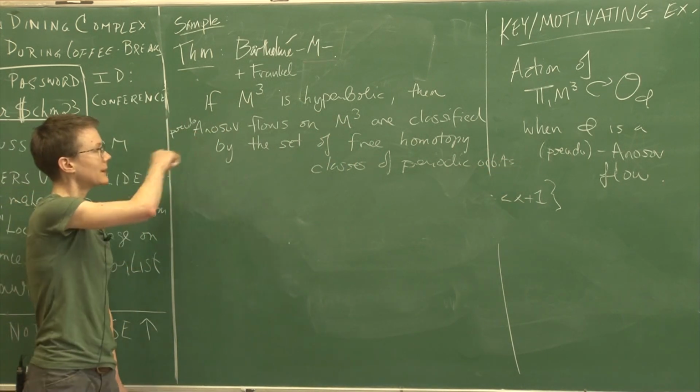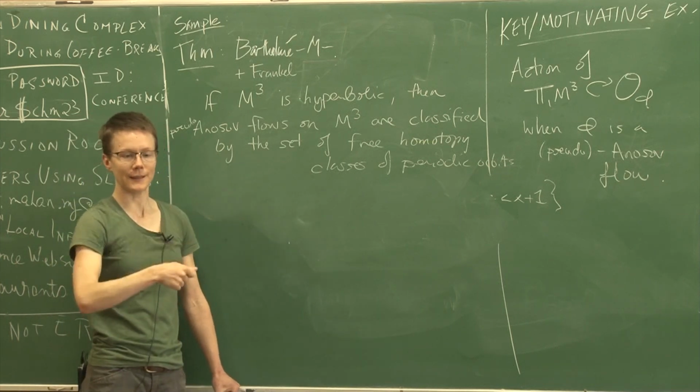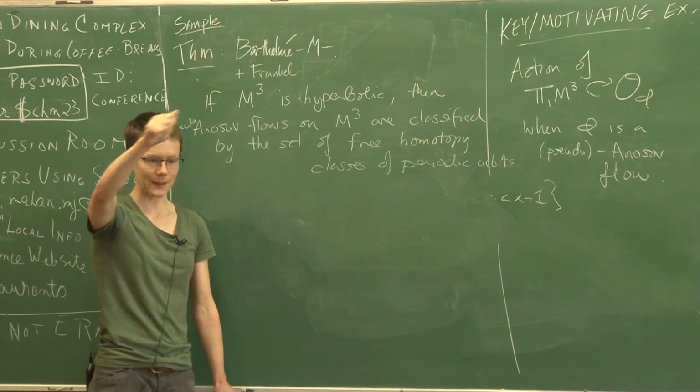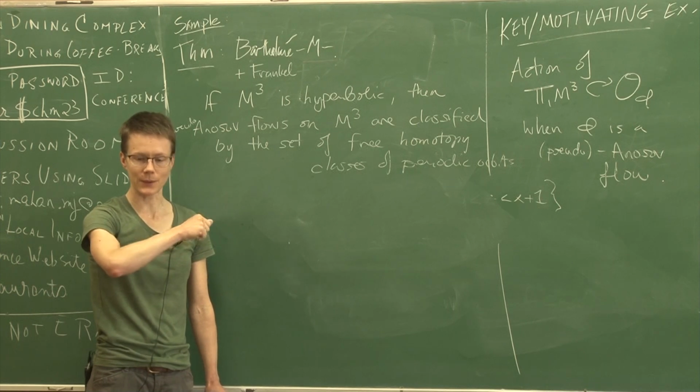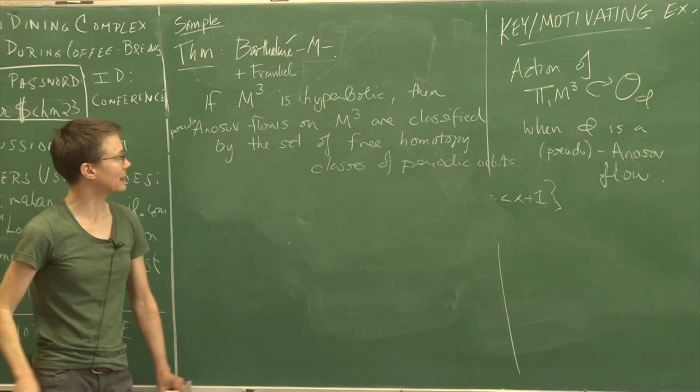So this is just some very floppy algebraic data. It just records the free homotopy classes every time your flow makes a loop. Write down that free homotopy class. I don't care how many loops represent this class. You just need to know that.